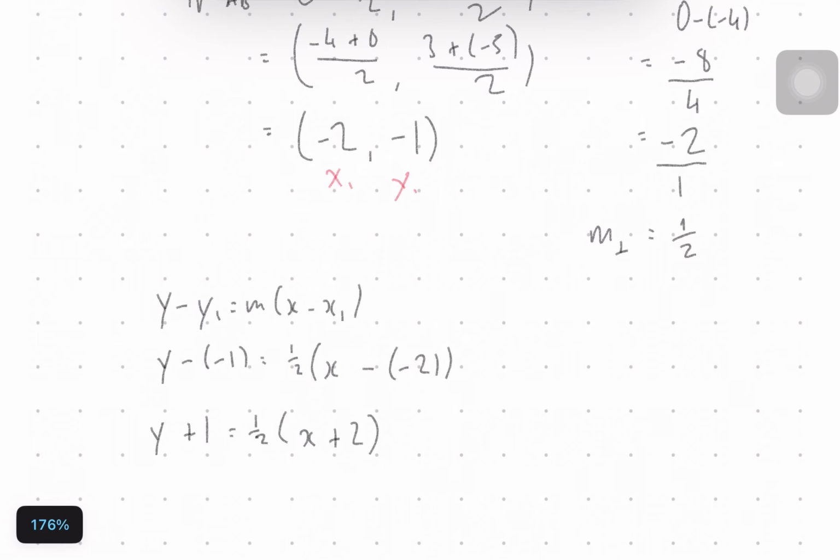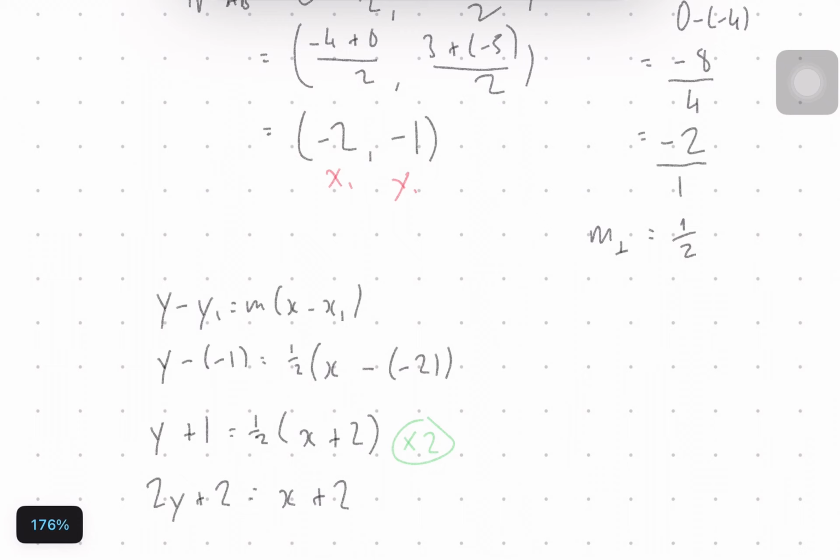I think I'll get rid of the fraction here, so I'll multiply across by 2 to get rid of the half. That'll give me 2y plus 2 equals x plus 2. Multiplying the right hand side by 2 just gets rid of the half, so you're just left with x plus 2, but don't forget to multiply the left hand side as well.